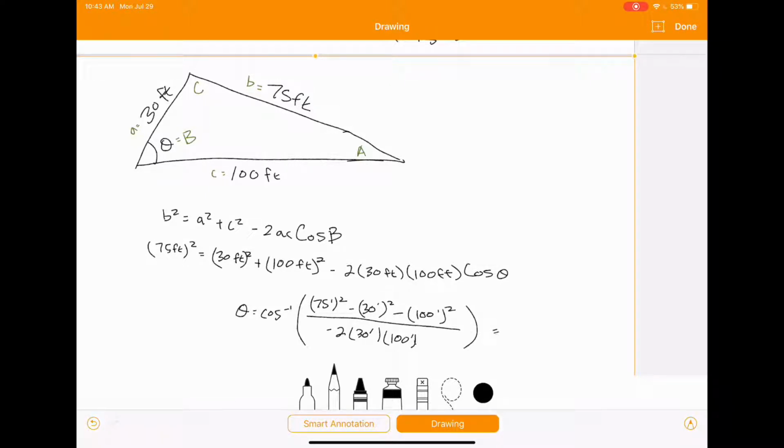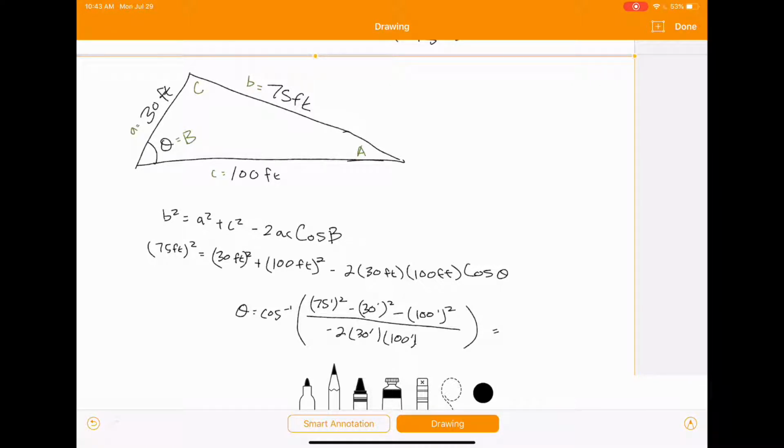And then you can just plug that all into your calculator. 75 squared minus 30 squared minus 100 squared, negative 2 times 30 times 100.